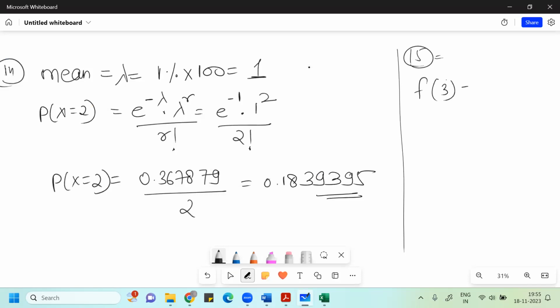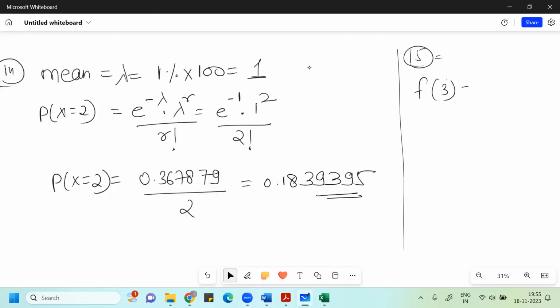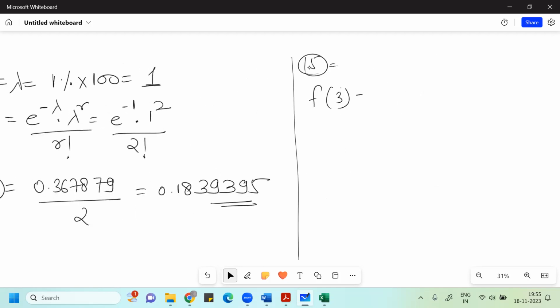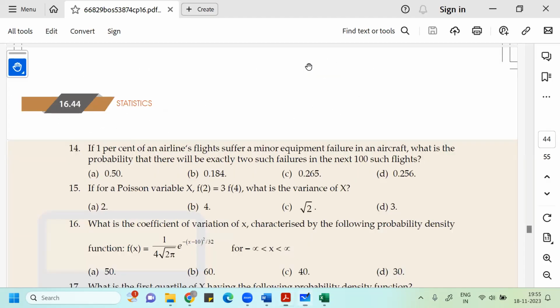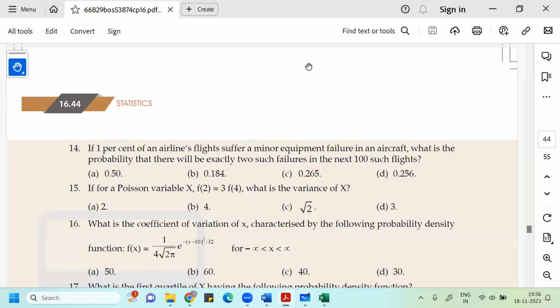f(3) is equal to probability of getting variate 3... this 2 is equal to 3 times of probability of getting x variate 4.